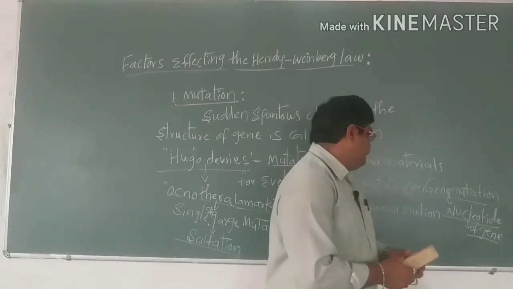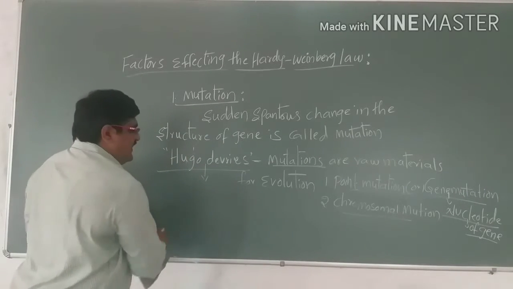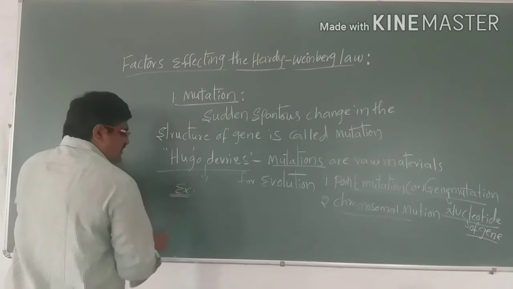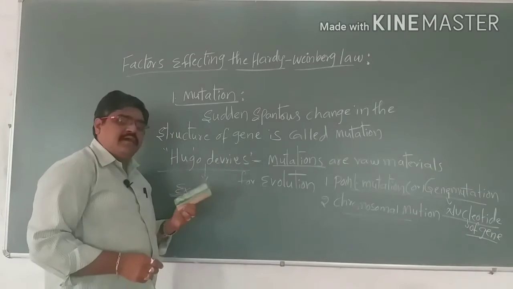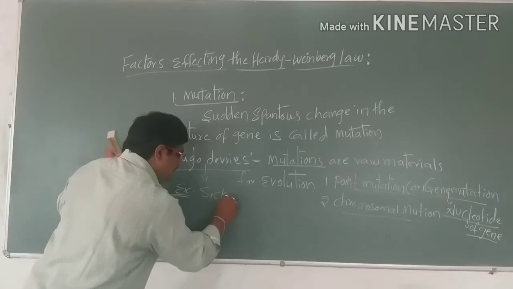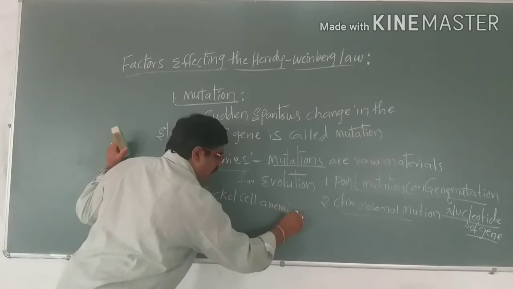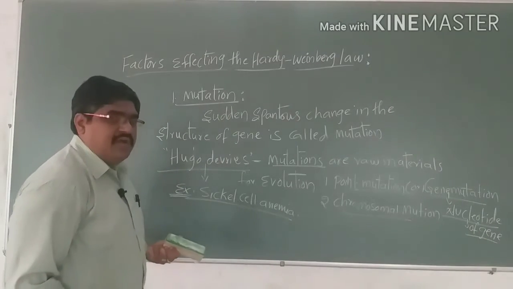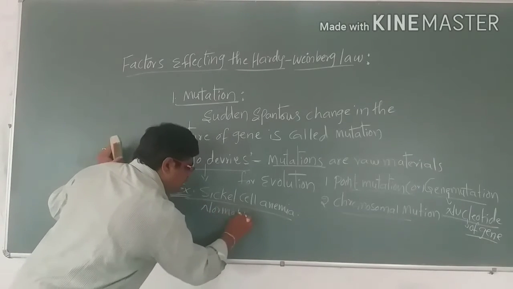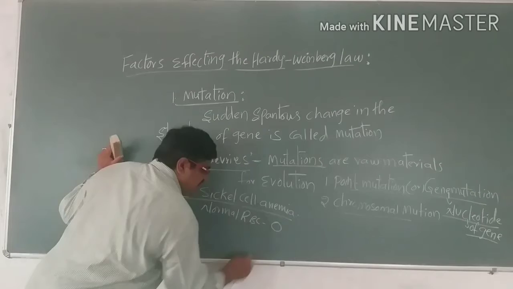So, an example of gene mutation is sickle cell anemia. Here the normal red blood cells, the RBCs, are round in structure.